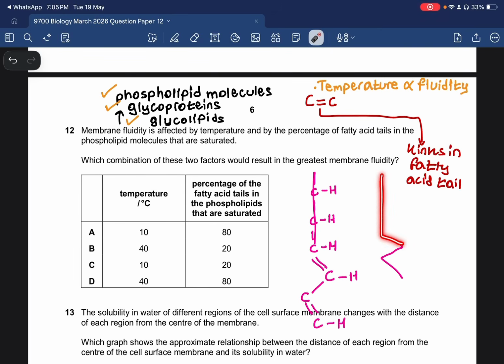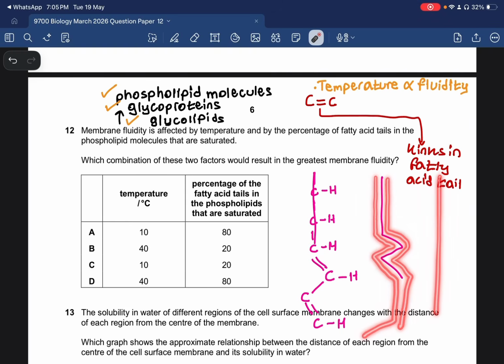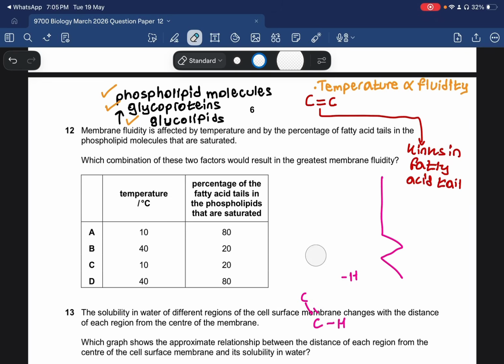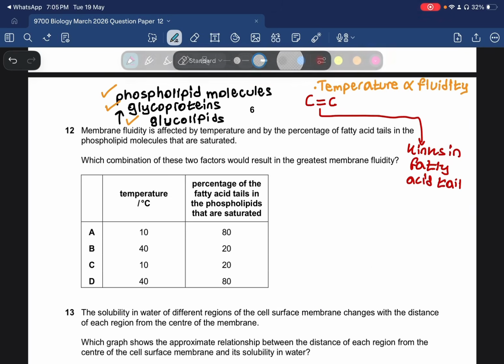If a fatty acid tail has more kinks, because it is more unsaturated and has more carbon-carbon double bonds, then this allows extra space for more tails to fit in. So, for example, normally one tail was supposed to fit in, but because this tail has kinks, it allowed two extra tails to fit in. So, what does that tell us? Basically, the more unsaturated a fatty acid tail is, or you could say, the higher the number of carbon-carbon double bonds it has, the more fluid it is going to be.